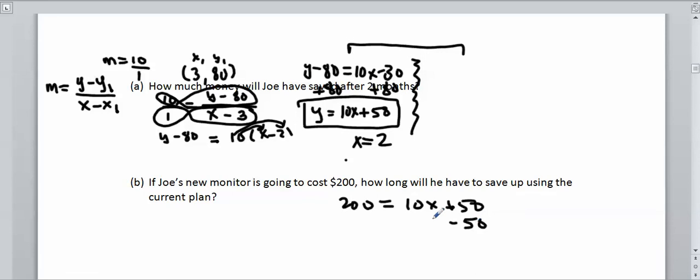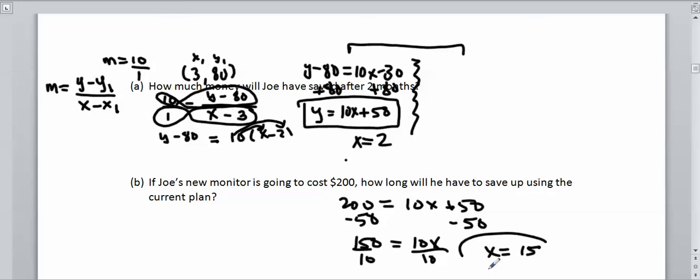I'm going to subtract 50. Okay, so I get $150 is equal to 10x, and then divide both sides by 10. So x is equal to 15 months. So it will take him, saving $10 a month, 15 months to save up for that monitor.